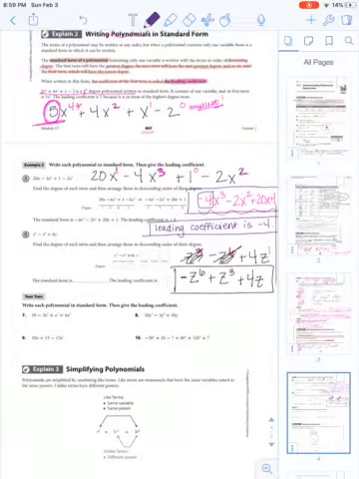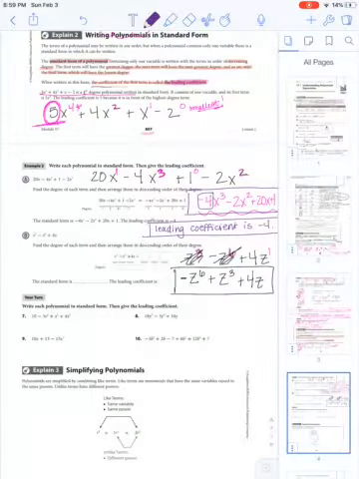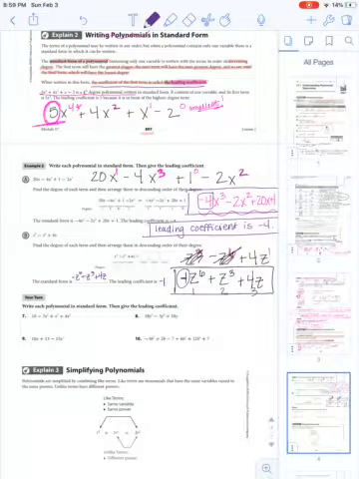Well, if we go back to our definition, the coefficient of the first term is called the leading coefficient. So I know that this is 1, 2, 3. So my leading coefficient is actually going to be negative 1. So the standard form is negative z to the 6th plus z cubed plus 4z, and my leading coefficient is negative 1.